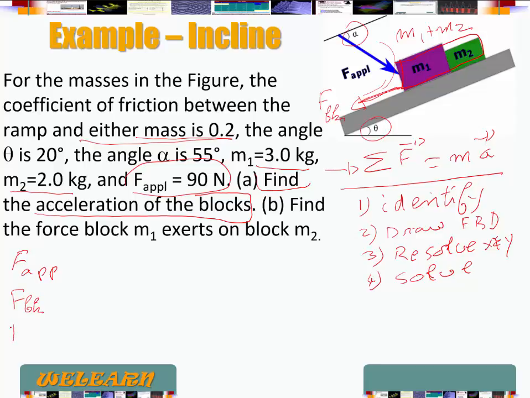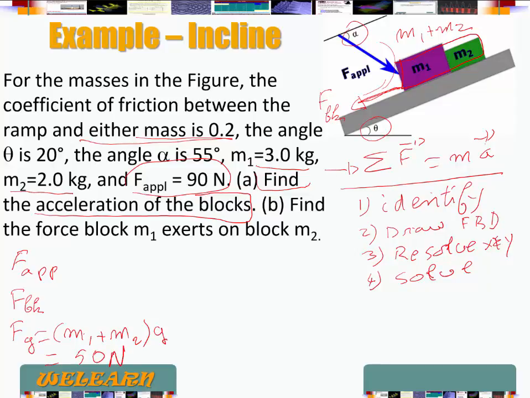Then of course we have the gravitational force due to the earth pulling down on the masses, and that's going to be M1 plus M2 times G, using G as 10 newtons per kilogram. The masses are 2 kilograms plus 3 kilograms, so that's 5 kilograms. 5 kilograms times 10 gives me 50 newtons.